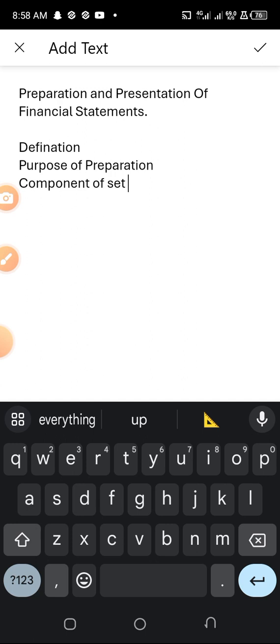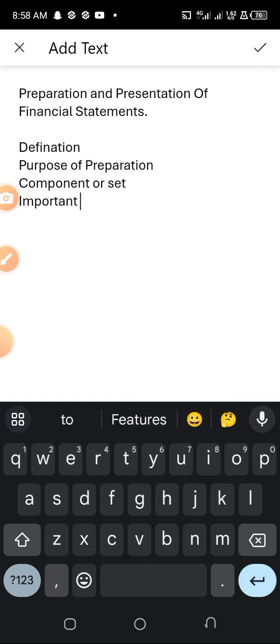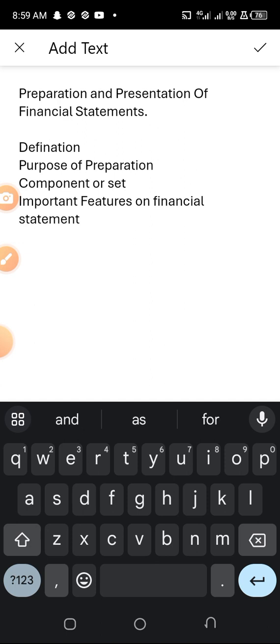What are the makeup of what we call financial statements? We look at the important features of financial statements.